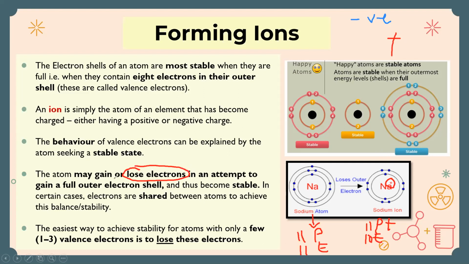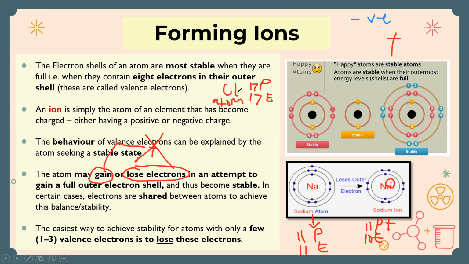On the other hand, our anions are always negatively charged because they've gained an electron. Even though gain would suggest plus, in our case that's not what we say. For example, chlorine has an atomic number of 17, so that would generally mean 17 protons and 17 electrons in the chlorine atom.